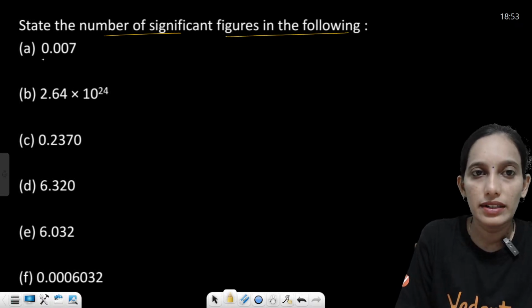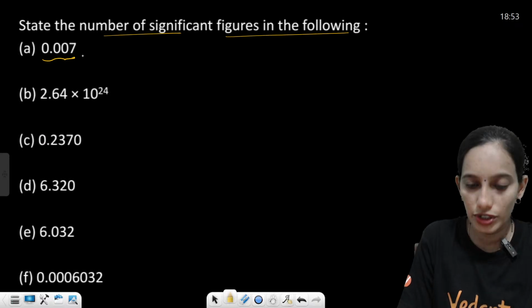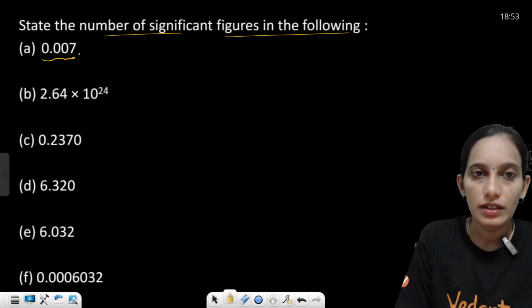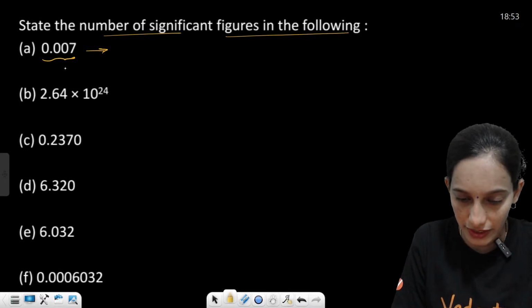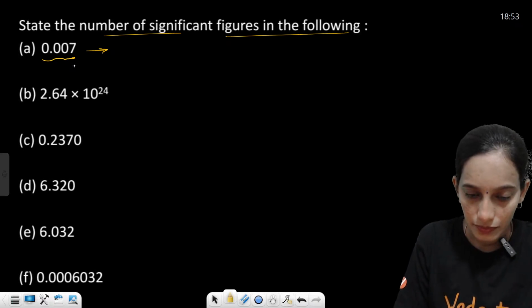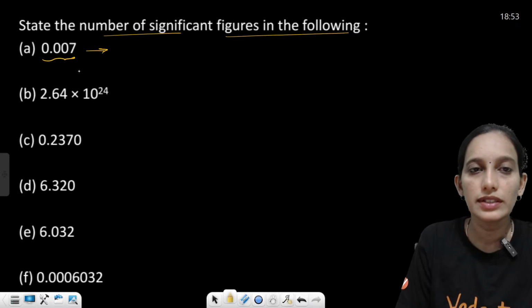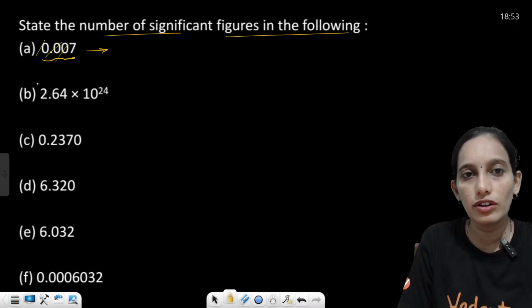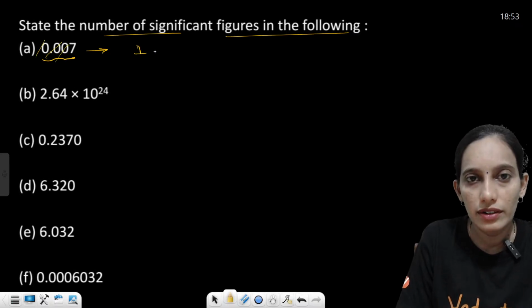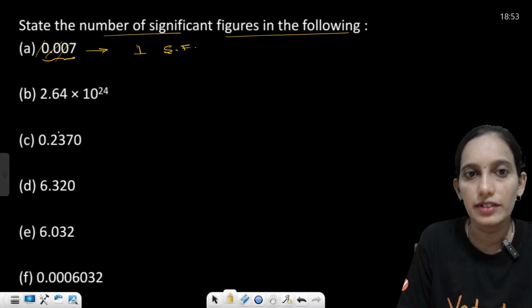One is 0.007. What is the number of significant figures? This is a number less than 1, so these zeros are not significant. So only one significant figure.